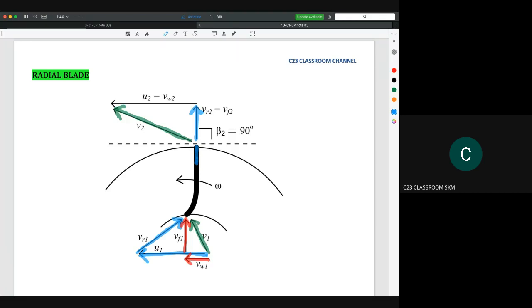Then we connect this one to this one, and we draw this as the U2, meaning the velocity component that reflects the rotational speed of the impeller. Then we draw another component which is related to the theoretical velocity and also the turbulence.